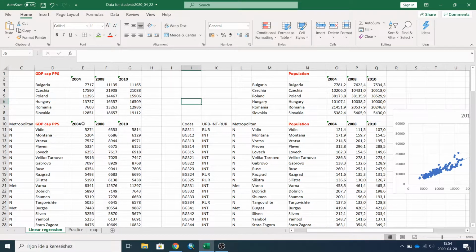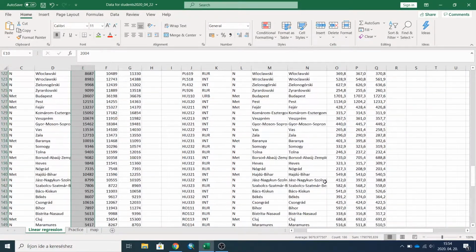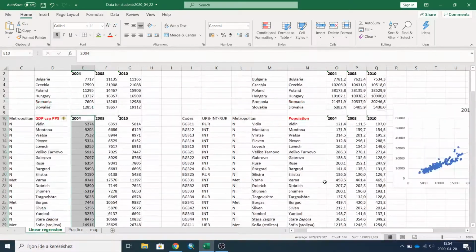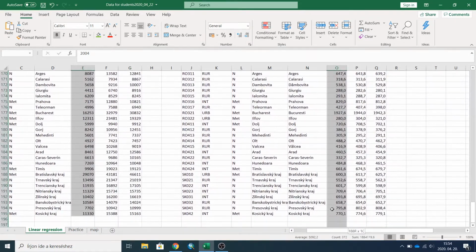So, first of all, analyze GDP per capita values and population, 2004.